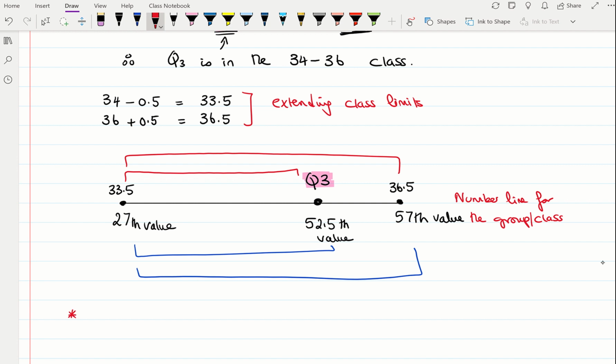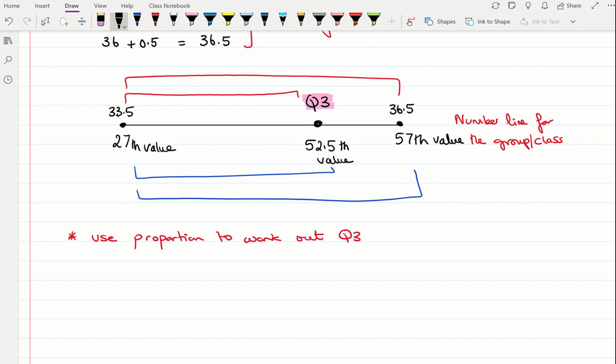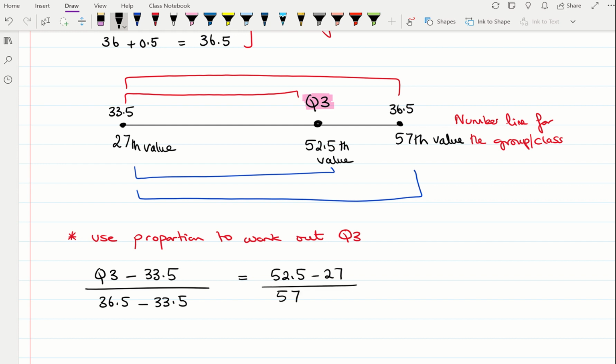So Q3 minus 33.5, that smaller distance, divided by the bigger distance, 36.5 minus 33.5, equals that same smaller distance, 52.5 minus 27, divided by the bigger distance, which is 57 minus 27.